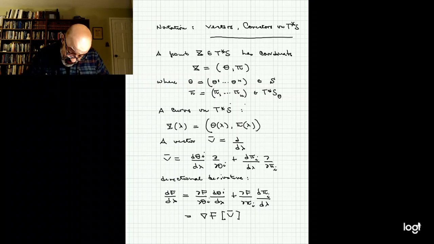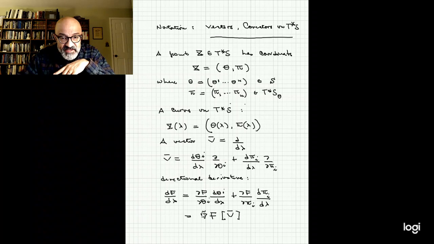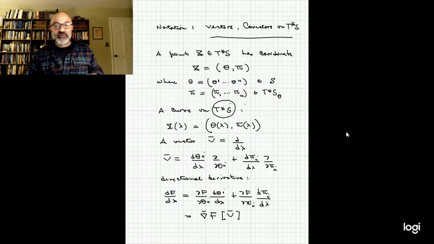So I'm going to write it with a little squiggle to distinguish it from the gradient that has components only along the thetas, the part that just acts on the base manifold. This, remember, is the gradient on the full cotangent bundle.